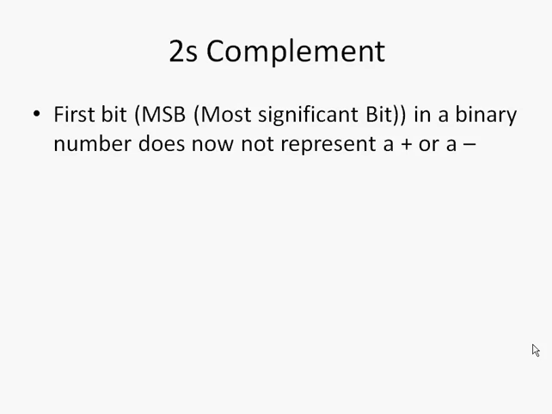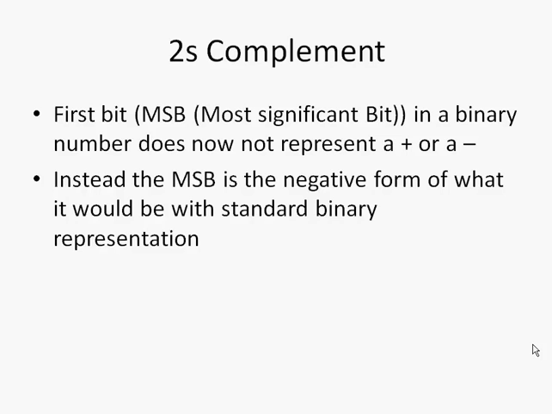When we looked at sign and magnitude, the most significant bit, the leftmost bit in a binary number, represented either a plus or a minus, didn't it? Well, in 2's complement, the MSB does not represent either a plus or a minus. Instead, the MSB is the negative form of what it would be with standard non-signed binary representation.